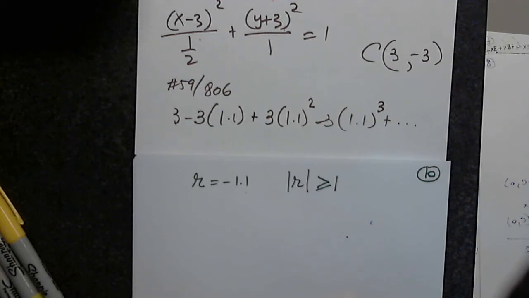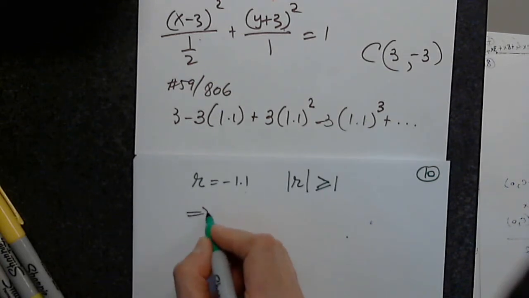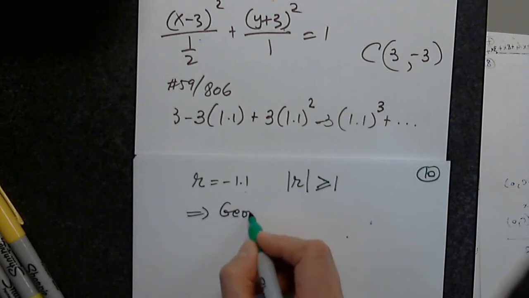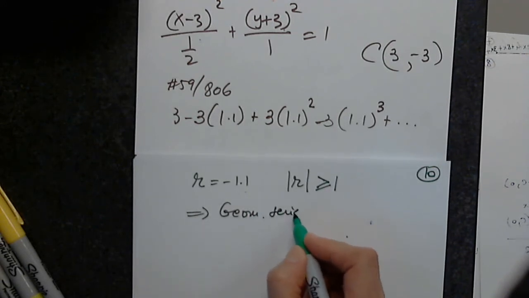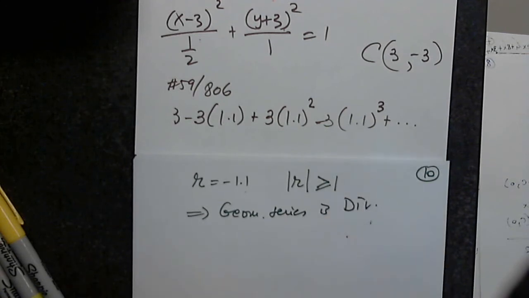It's not strictly less than 1. Therefore, the geometric series is divergent. We cannot determine its sum. Very good. Let's look at another.